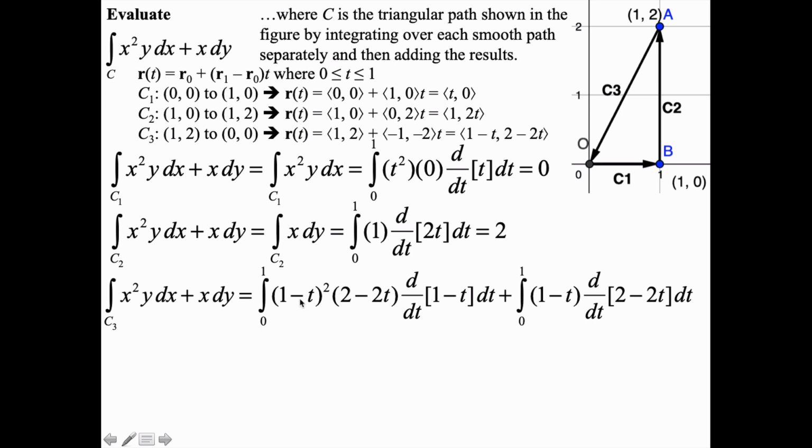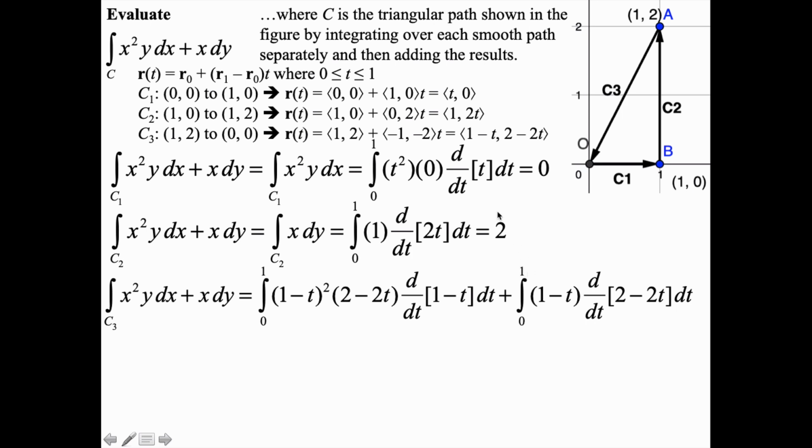So here we have (1 minus t) squared times (2 minus 2t), times the derivative of 1 minus t, since x equals 1 minus t, d/dt of that, and put a dt next to it. That'll give you dx.